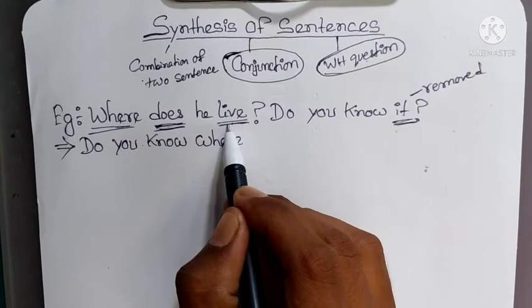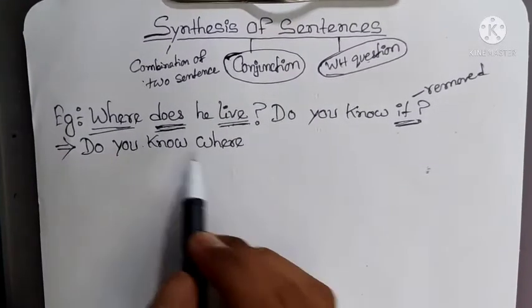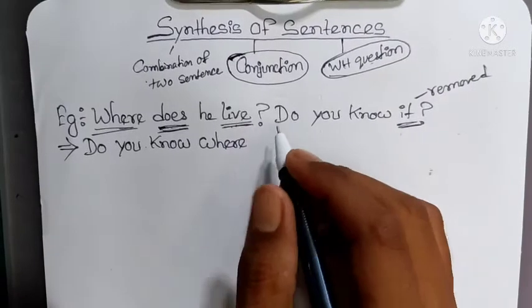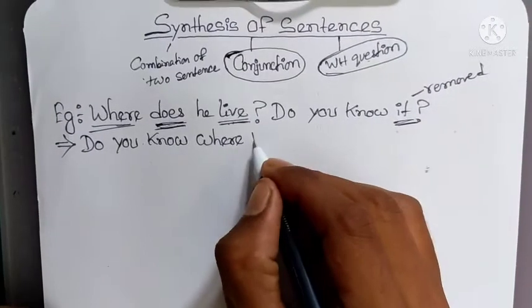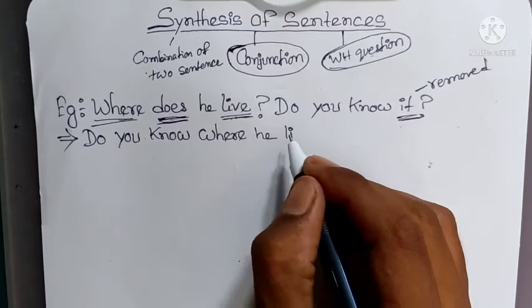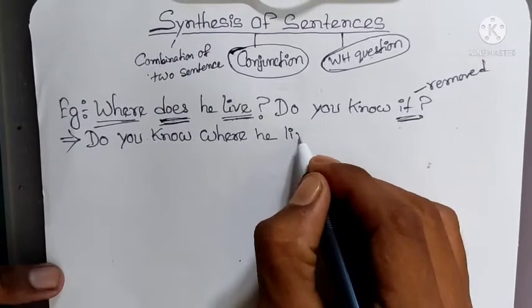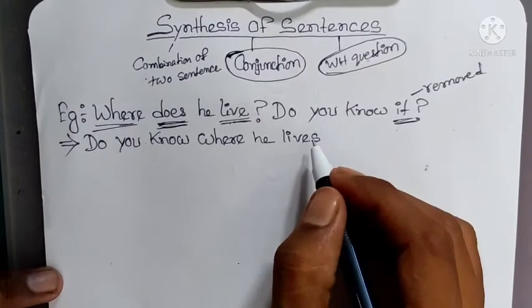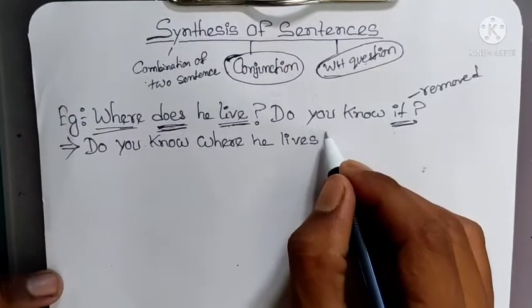So remember that rule. Do you know where? The "does" will be removed. Then we will write he. Should add S or ES with the verb. He lives. So this is the solution.